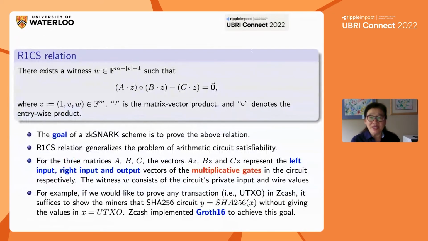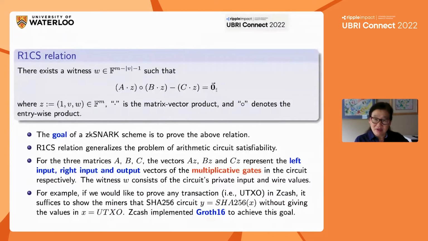So what's the relationship? Basically, you could think this is the left input of the circuit, and this is the right input of the circuit. So here we only consider multiplication gates. Then this is the output. So basically, your output equals the left input multiplied by the right input, so that's equal to 0.